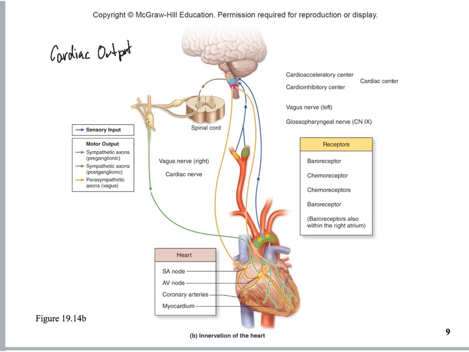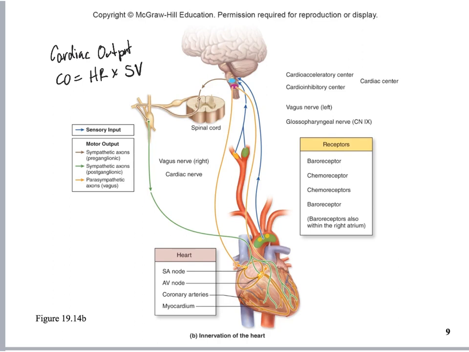Okay? So cardiac output is equal to your heart rate multiplied by what we call stroke volume. How much blood is pumped out of the heart every beat. Okay? So every time it contracts, how much blood is ejected.